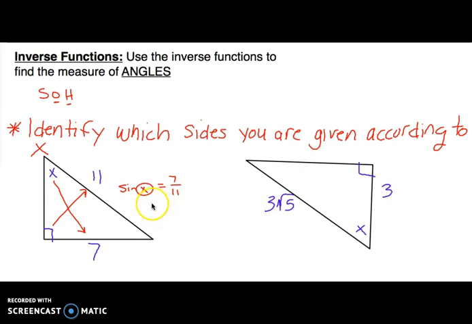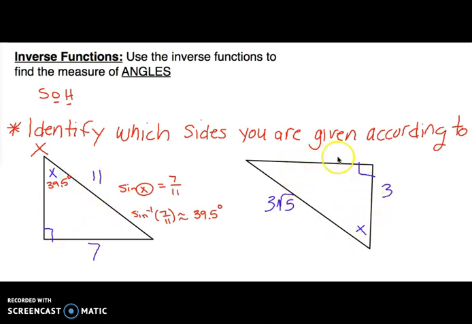So in order for us to be able to solve for X in your calculator, you would type in inverse sine 7 over 11. So this is sine inverse 7 over 11, which is what you would type into your calculator. And when you type that in, you would get that this would be approximately 39.5 degrees. So that means that this angle X up here is approximately 39.5 degrees.